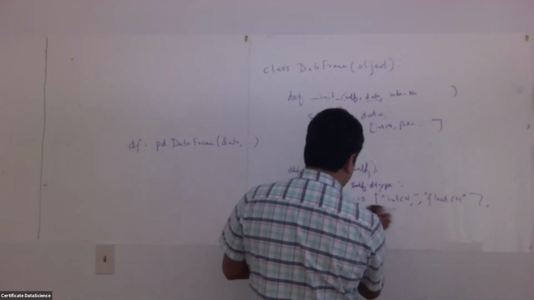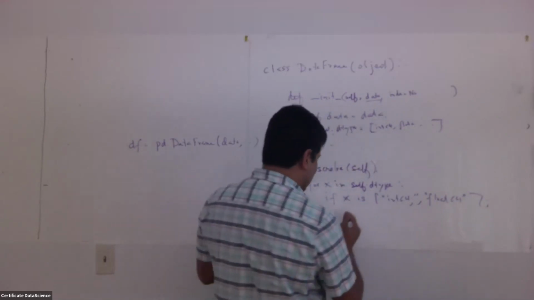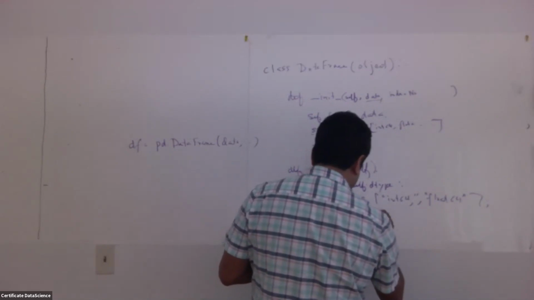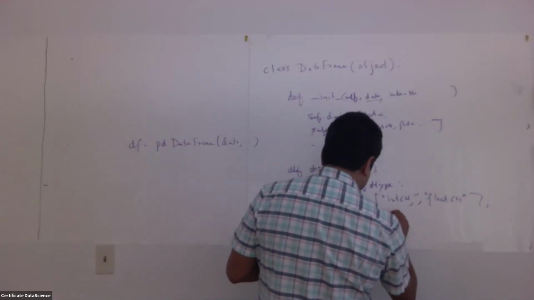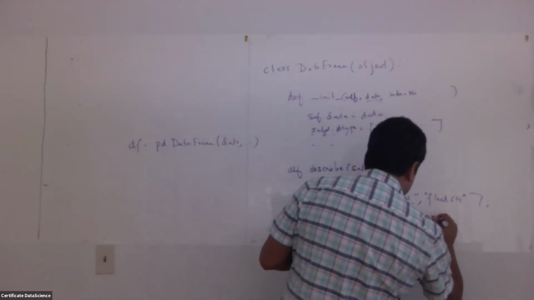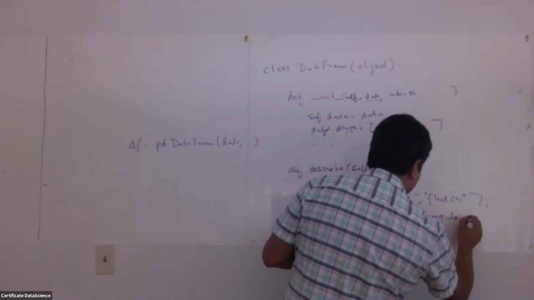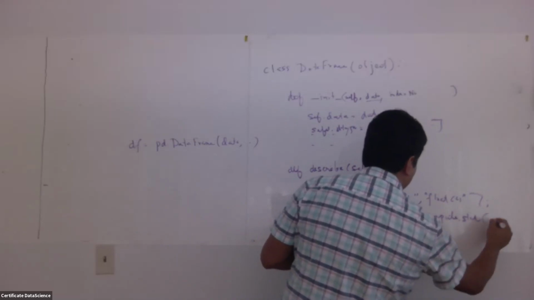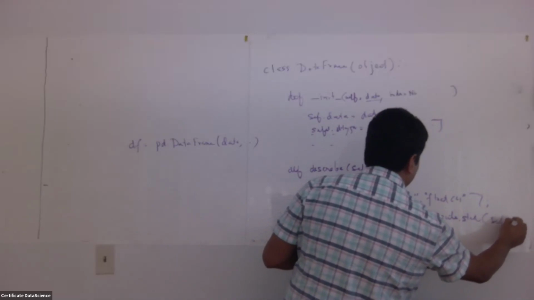I'll not write exact syntax. It will return all these things: minimum, average, max, and it will essentially do that from a compute_stats. This is an internal function, and it will use the data self.